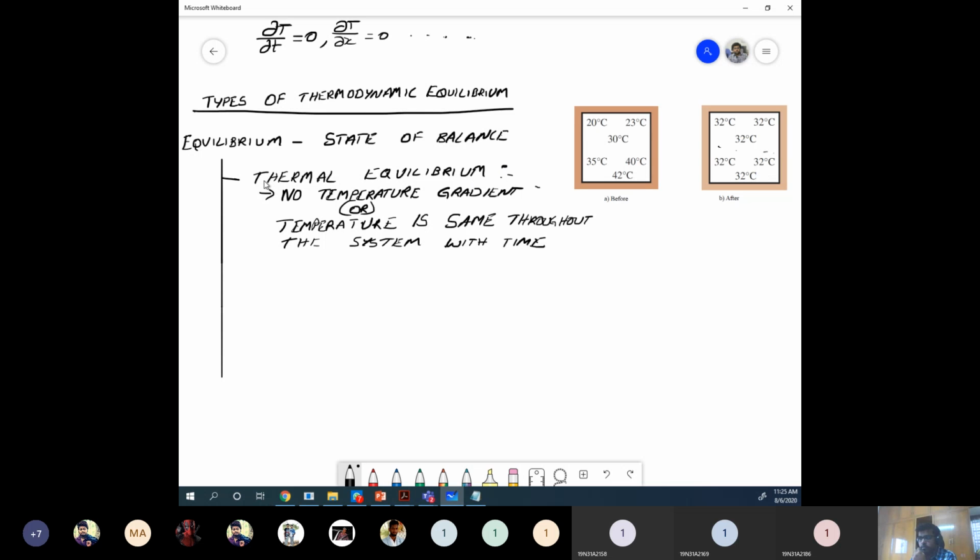So the first thing I put an underline there. Then after that we have mechanical equilibrium. The word mechanical means motion, right?